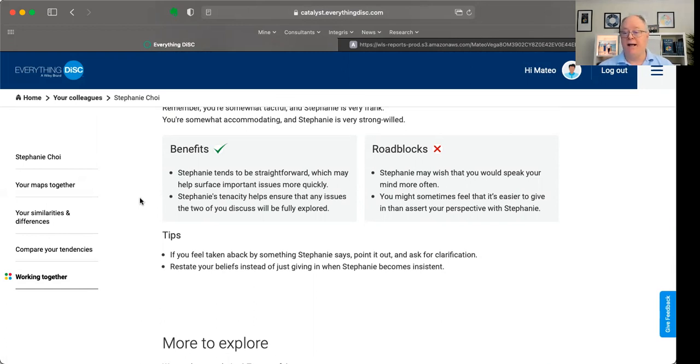Here's what we're seeing, and I can report this now because we are getting the data out of the system. We have found that people are actually going back and utilizing Catalyst, not just at workshops, but outside of workshops, to gain a better understanding of the people they work with and how to work better with them going forward.